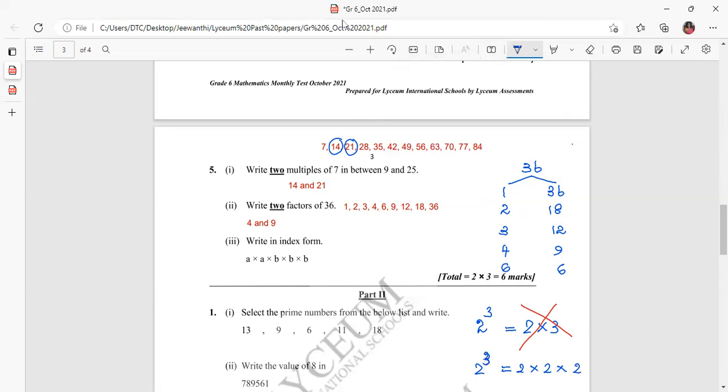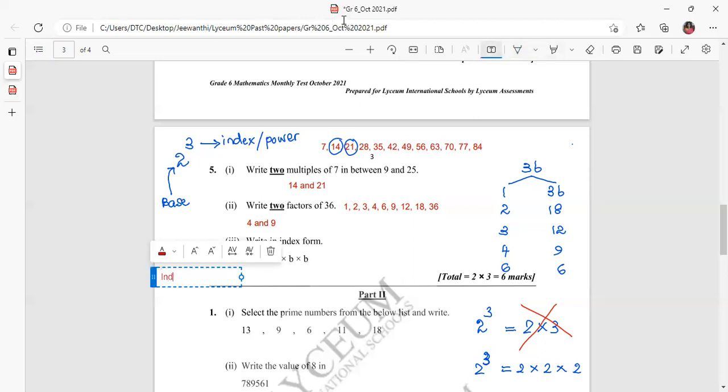Because this is 3. Now, if you take that index number like that, this 3 we call index, right? Sometimes we call it power. And this we call the base value, right? So then the index or the power tells us what?